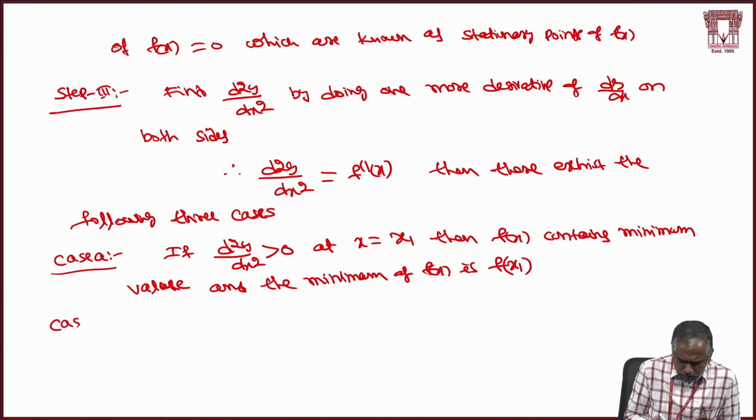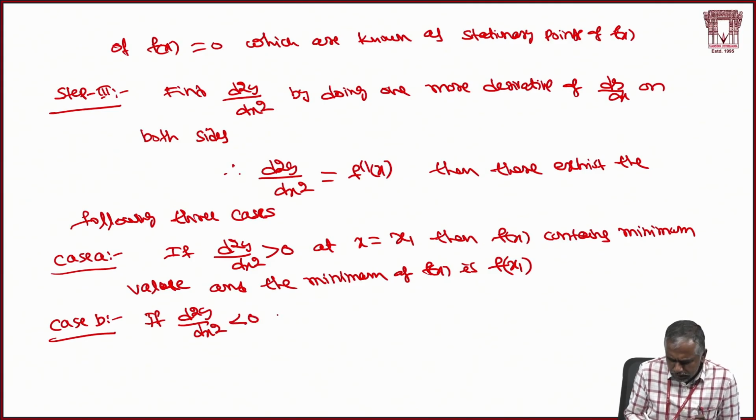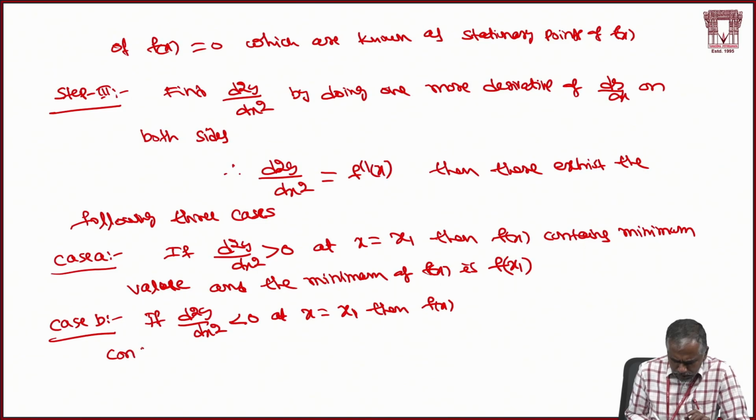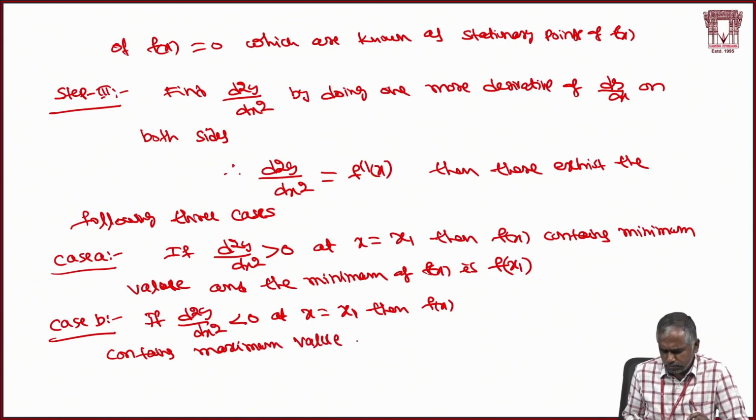Next, case B. If d square y by dx square is less than 0 at the same stationary point x equal to x1, then f of x contains maximum value, and that is f of x1.